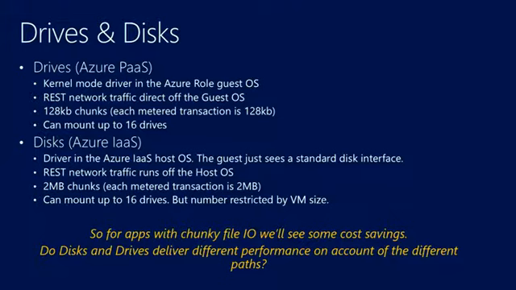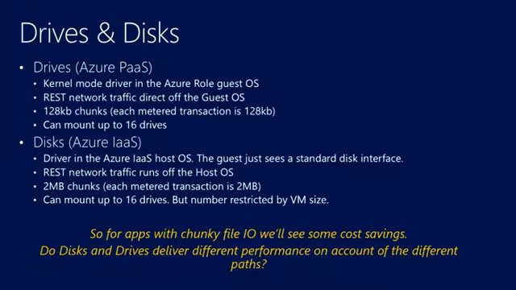So, drives, the driver sits in the Azure guest operating system, and then the REST traffic goes off that guest operating system out to blob storage. Disks, the driver sits in the Azure IaaS host operating system, and the traffic goes out of that host operating system.